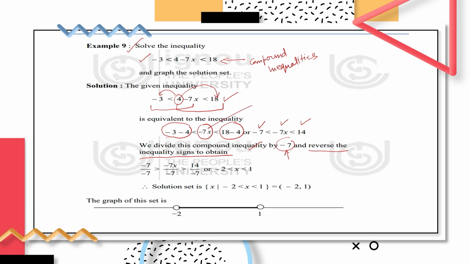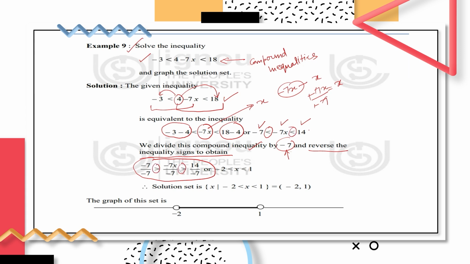To have only the expression x. Instead of minus 7x, we want to have only x. So, we need to divide minus 7x by minus 7. Then only will we be left with just x. Performing this division by minus 7, you will get this expression, and mind it, the signs are changed. This is less than, now they are changed to greater than and greater than.